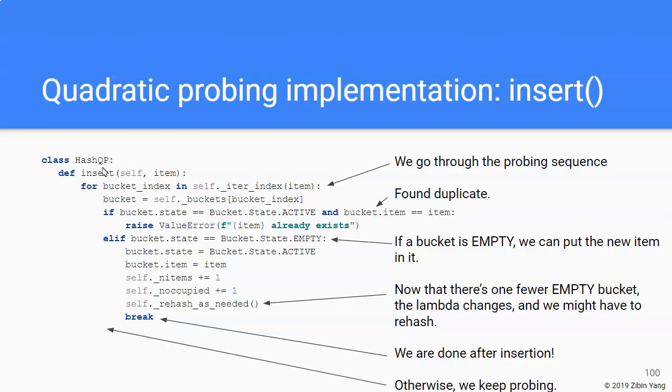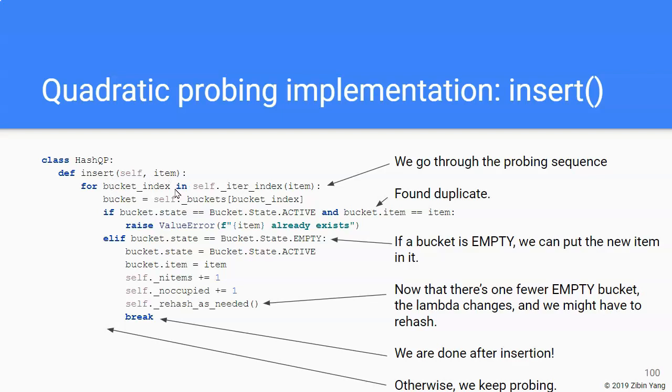Next, let's take a look at how to implement the insert operation. So given a new item, the overall job of the insert method is to find an available bucket into which we can place the new item. In order to find that available bucket, we will use the generator that we just wrote, which would give us the indices for the buckets in the order that we will probe by.